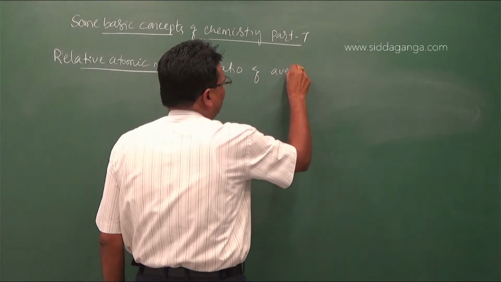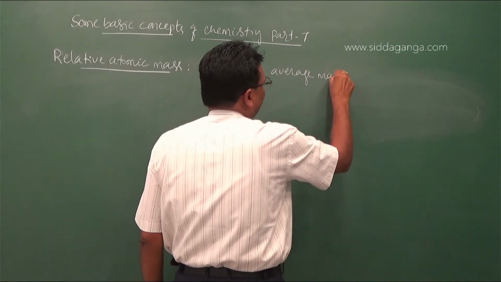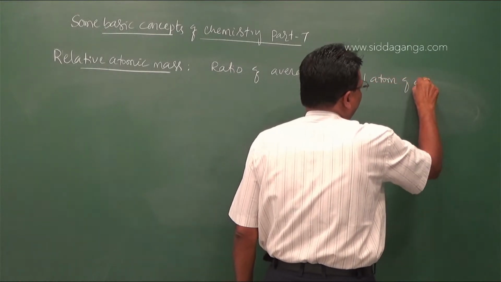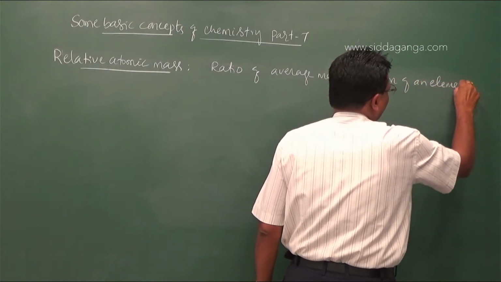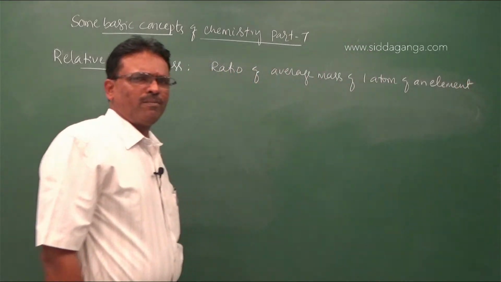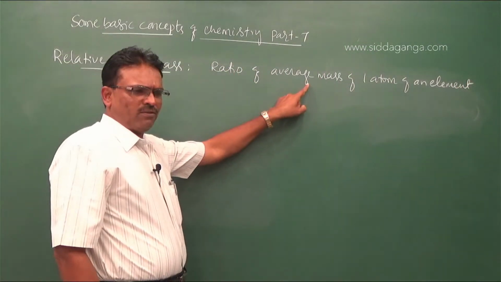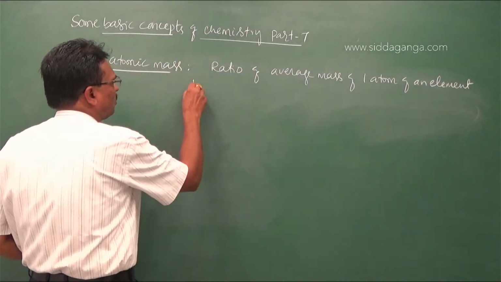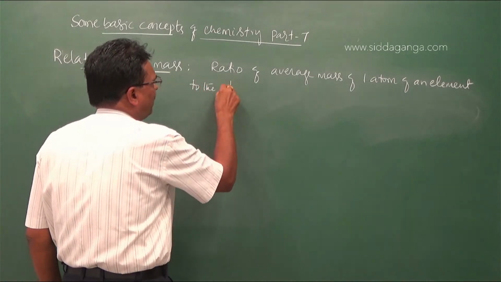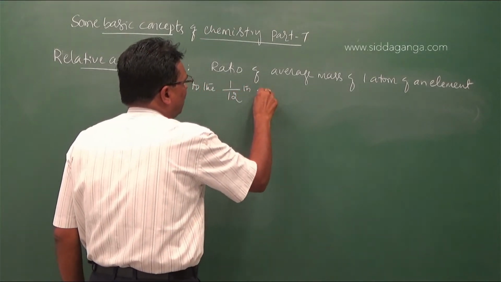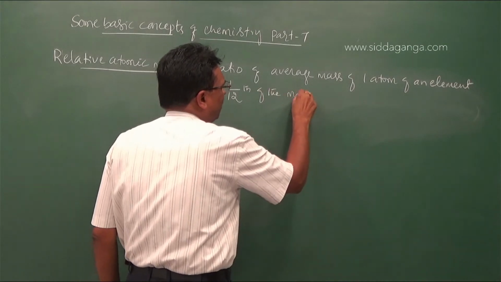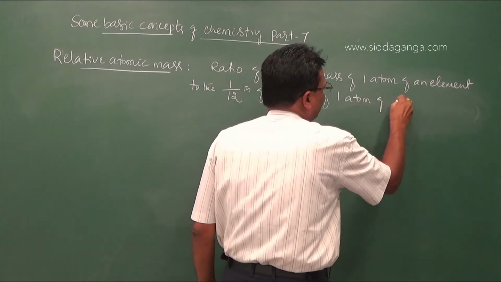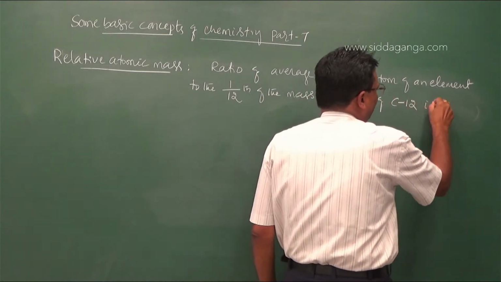So relative atomic mass is the ratio of the average mass of one atom of an element to the 1/12 of the mass of one atom of carbon 12 isotope.